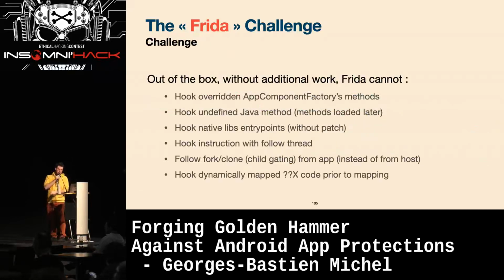And all of it is possible with Frida, but it does not work out of the box. So you should implement all. You should implement hooks which allow you to hook some point where you could deploy your final hook.